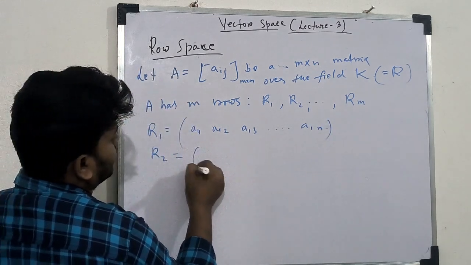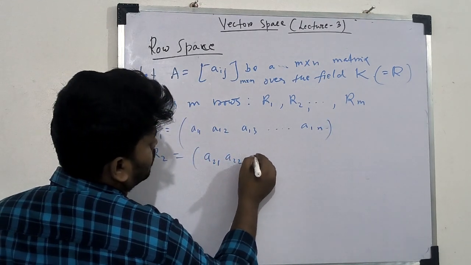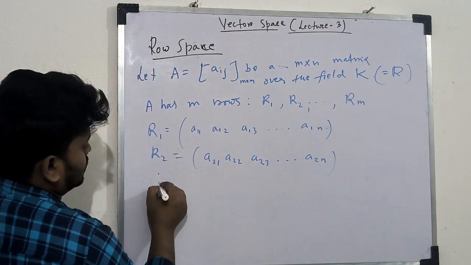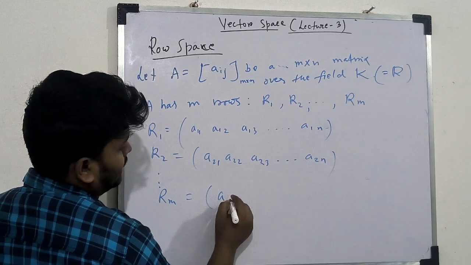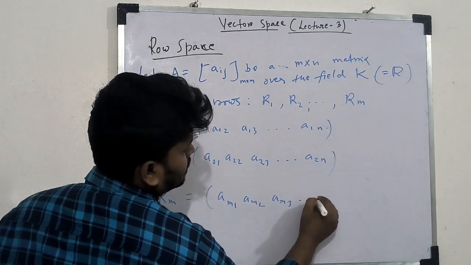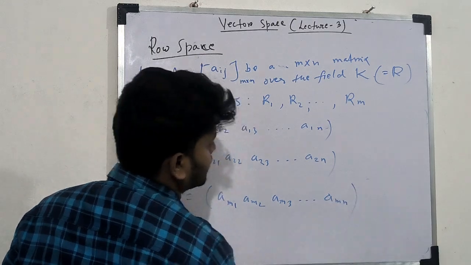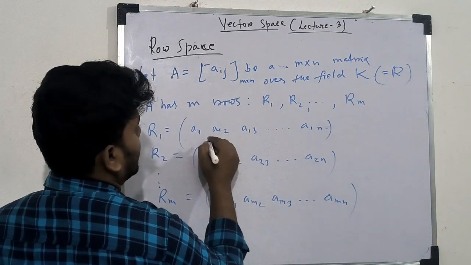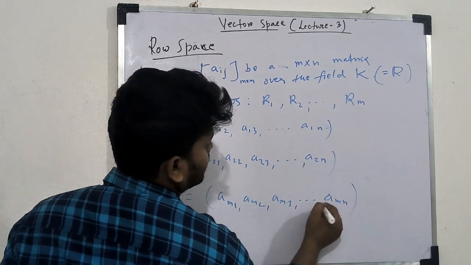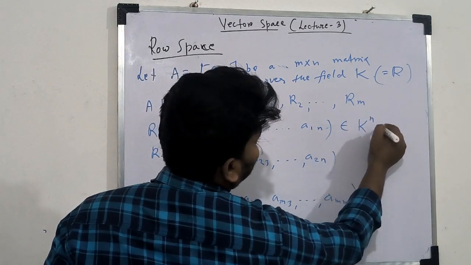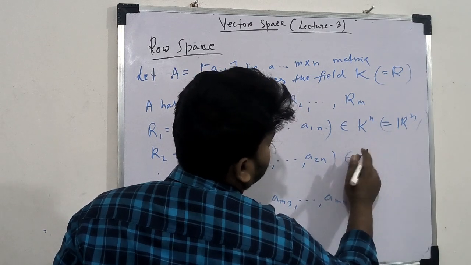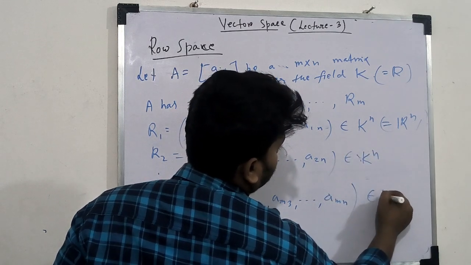Similarly, R2 can be written as A21, A22, A23, ..., A2n. Similarly, Rm is Am1, Am2, Am3, ..., Amn. Okay, these are rows, and each is an n-tuple, so this belongs to Kn, that is nothing but Rn.